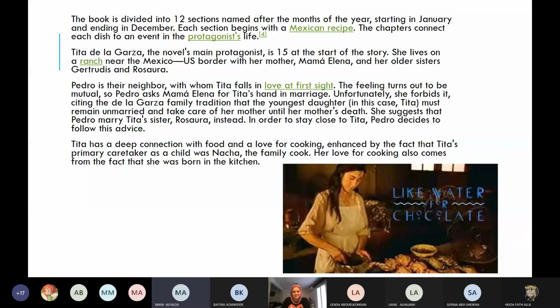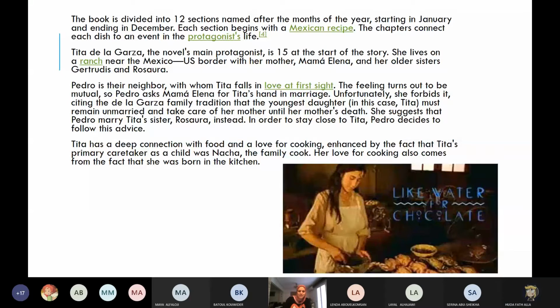So he will marry her older sister to stay near her. So I guess, Miss, the mood of the story will be kind of sad or jealous, but related to cooking, like her sadness will go out through cooking. Let's see.